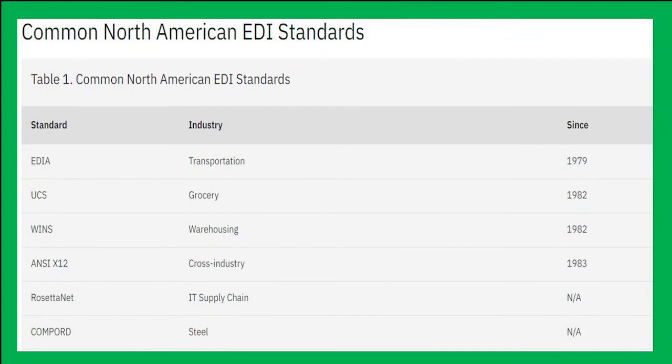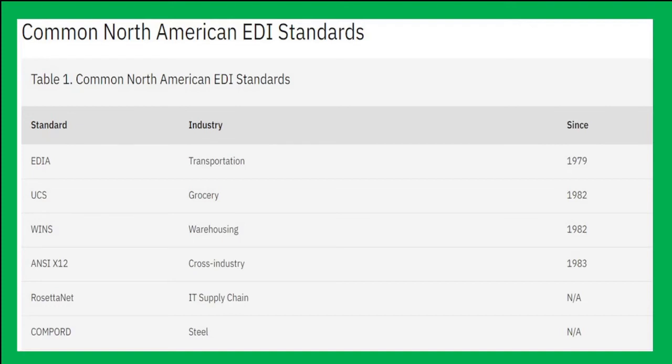So look at the EDI standards. EDIA is only for transportation, which was developed in 1979. UCS is only for groceries, developed in 1982. WINS is exclusively for warehousing, 1982. ANSI X12 is still used cross-industry, in the sense that these are formats which can be used by all industries. 1983, RosettaNet, for IT supply chain, pulp and board, and the steel industry.